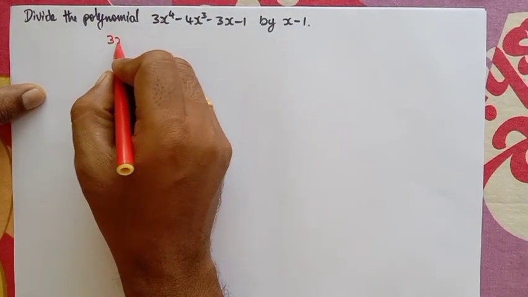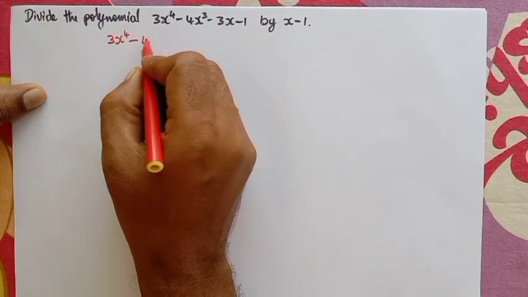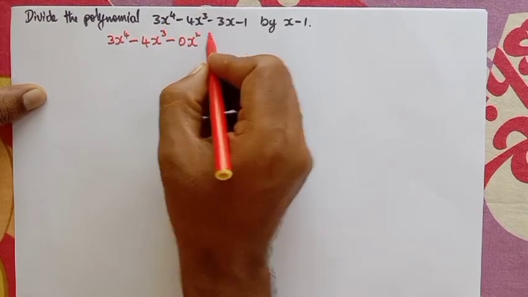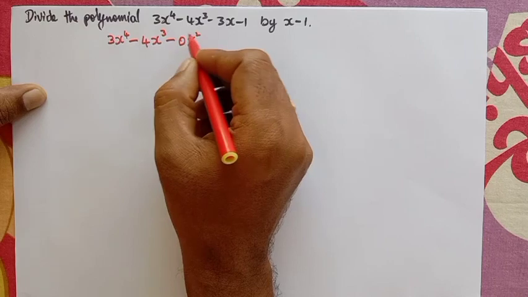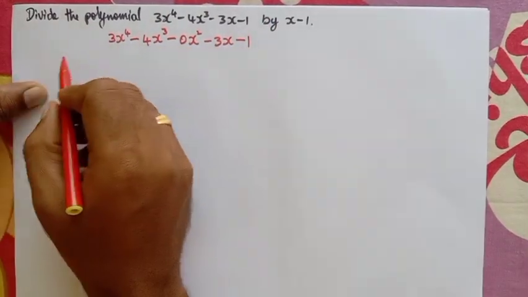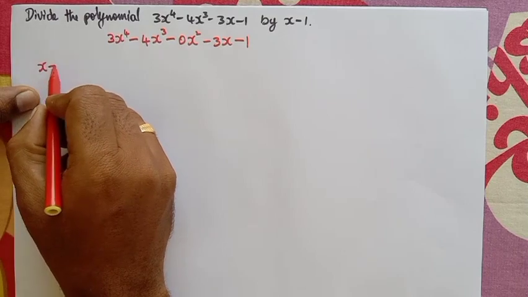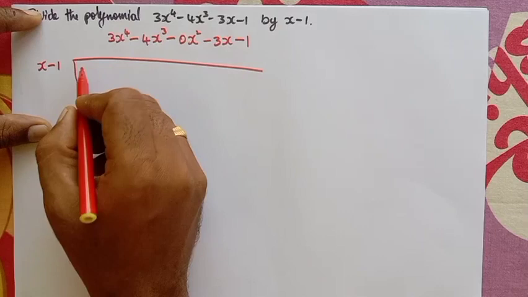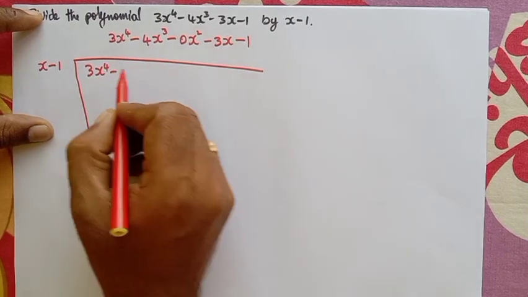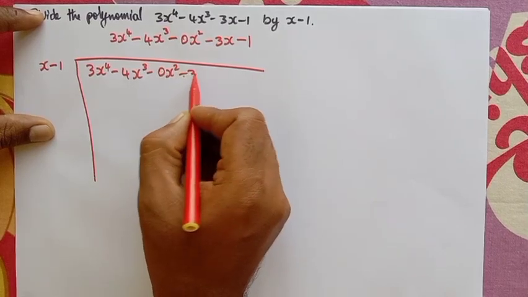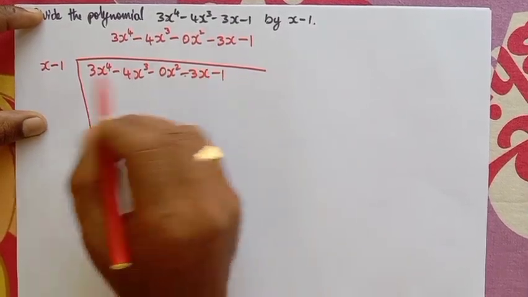That is 3x to the power 4 minus 4x cube minus 0x square, 0x square is nothing but 0, minus 3x minus 1, divided by x minus 1.